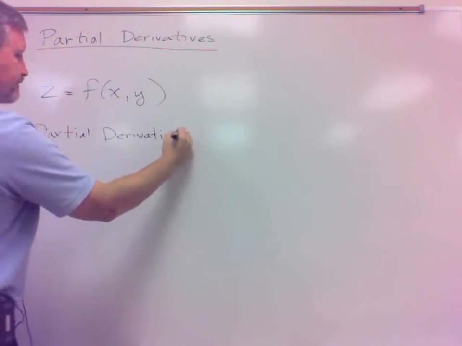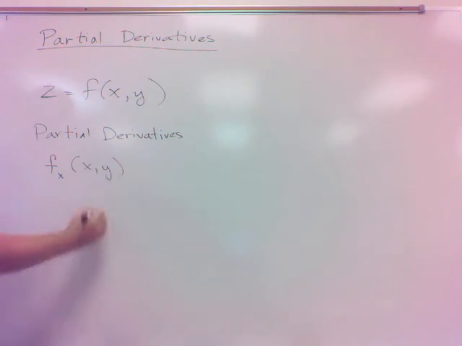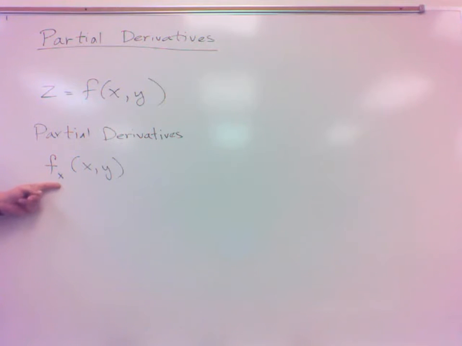Here's the way we do that. We're going to define the partial derivative of f with respect to x, is how we'll denote it. Instead of using the superscript, they use a subscript like that. Various reasons, I guess, but that's one notation for this.